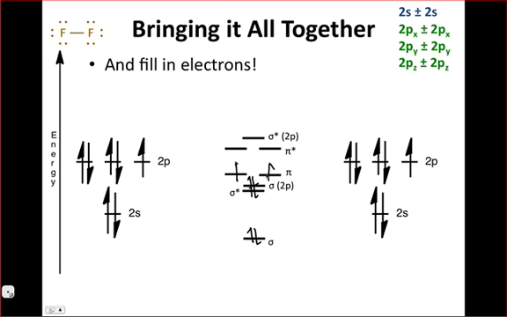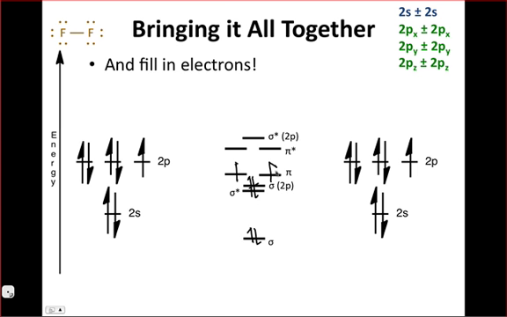So doing this, half filling, is a more stable situation than doing this, where I completely fill one and leave the other empty. It's much more stable for the molecule to have a half-filled orbital like that.